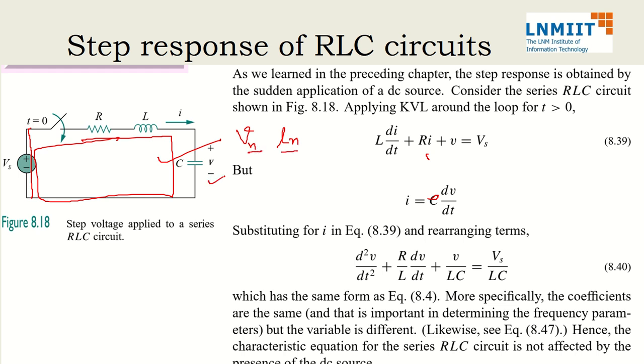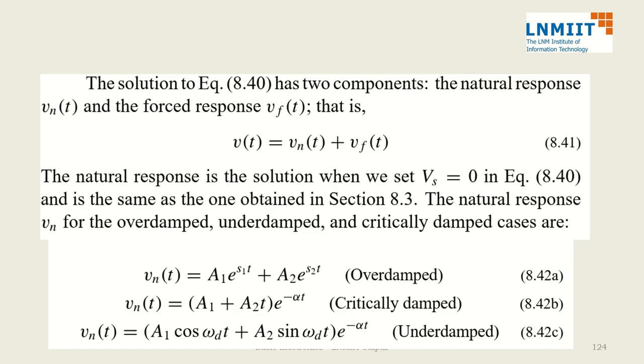Here I am calculating voltage across capacitor, so I call it V natural. Then we are going to connect this source, and at infinity, that means steady state, we are going to calculate this voltage, and that will be my V forced or V steady state, and the summation of these two is my total answer.